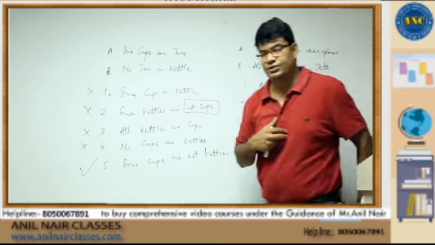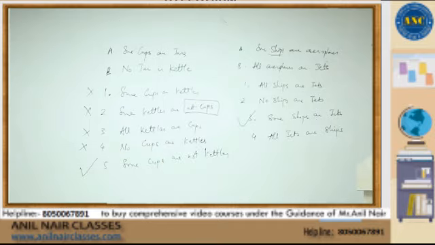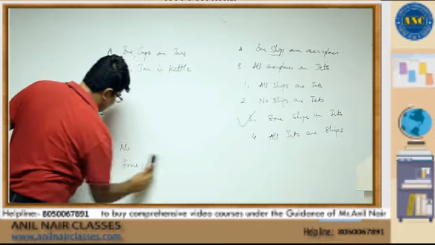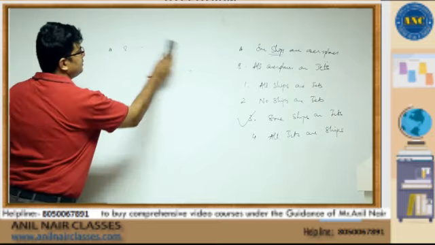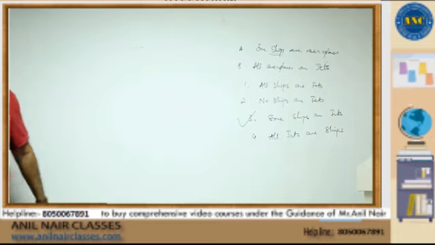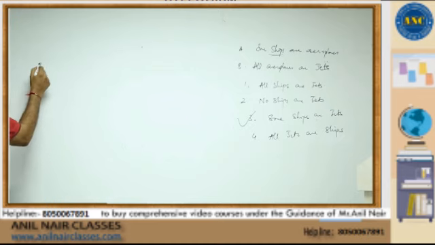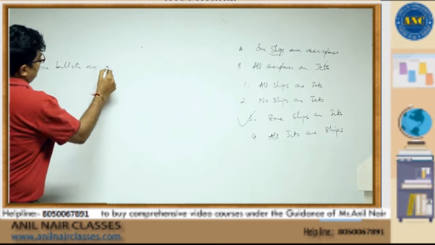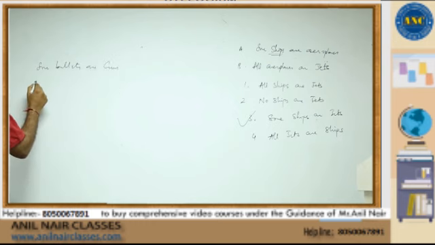Some tanks are bullets. Okay, so do we need to understand this? Anyone needs help understanding this last example? What is the statement given? Some bullets are guns. Some guns are tanks.